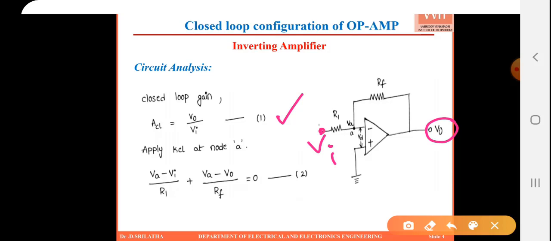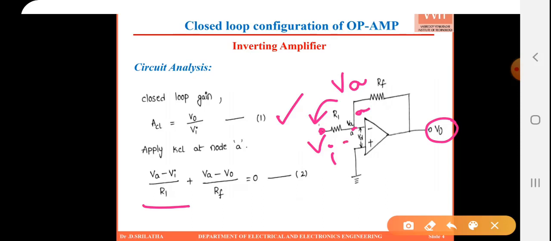Now let us apply KCL at node A. This is the point A at which I am going to apply KCL. Let the voltage at node A be VA. Then the first current is (VA minus VI) by R1, because here it is R1.